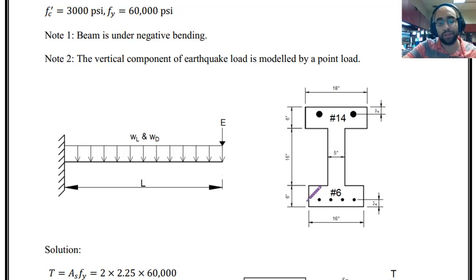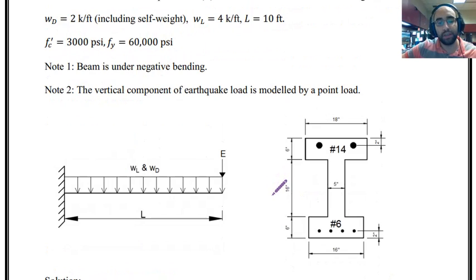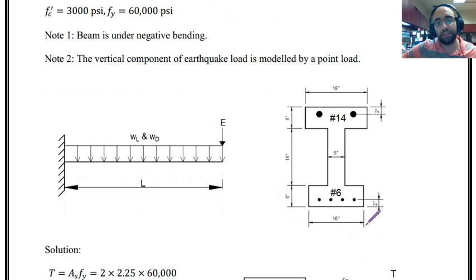Clearly, you can see how it simplifies it, but the difference that we have in the strength of the section when ignoring the compression reinforcement is something good to be studied, and you can check it by solving this example again.